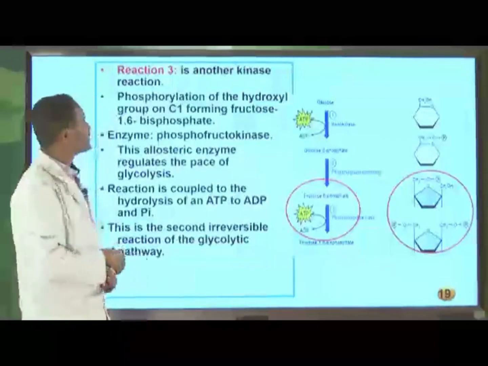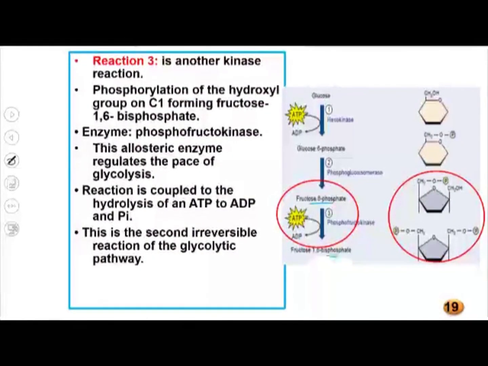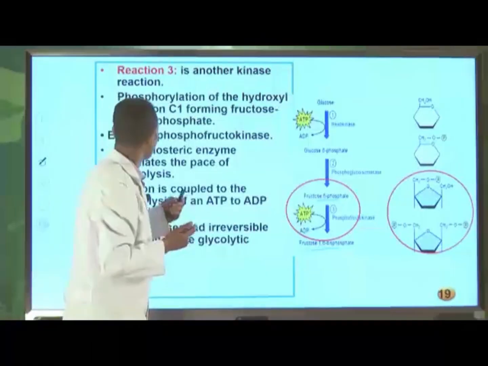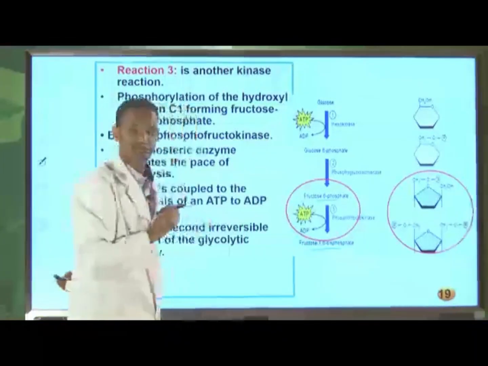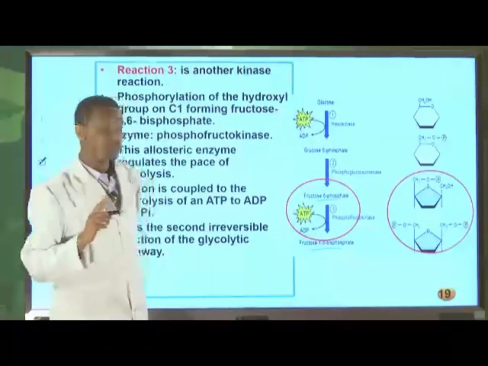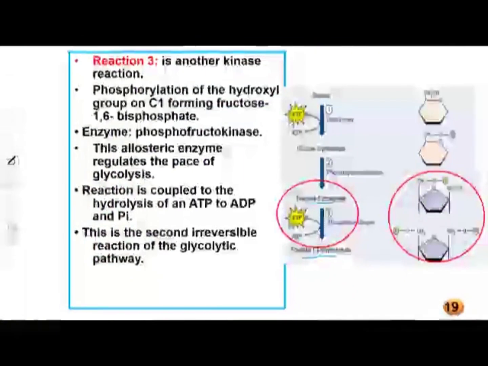Then reaction 3 is another kinase reaction. Here, the fructose 6-phosphate is converted into fructose 1,6-bisphosphate. In this case, another kinase reaction takes place. That means ATP is hydrolyzed, and one phosphate group is released from ATP and becomes attached to the fructose.